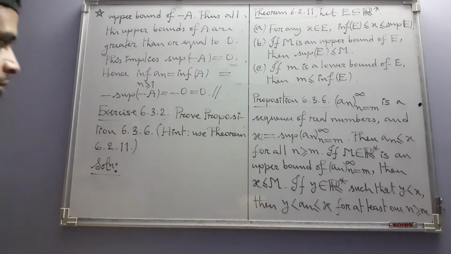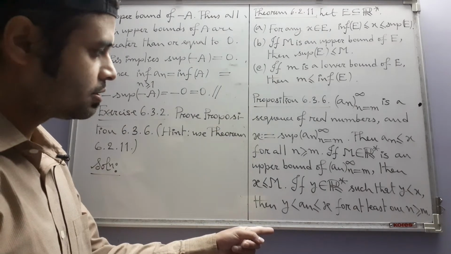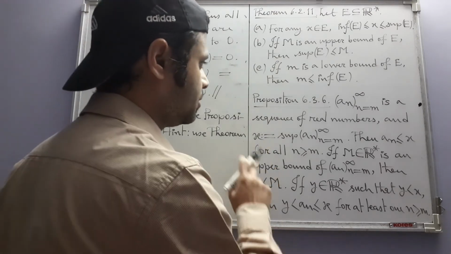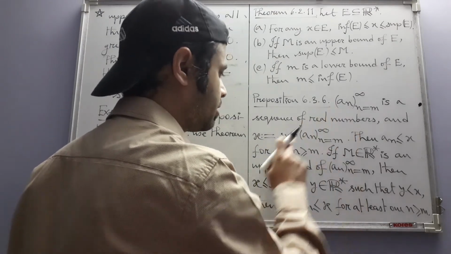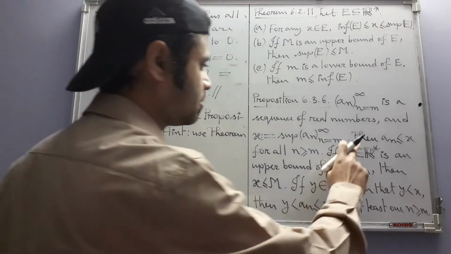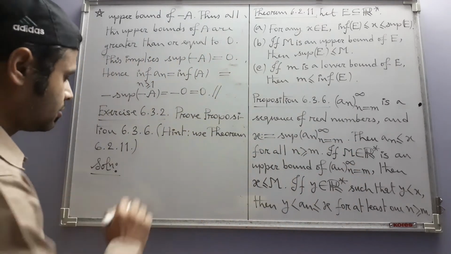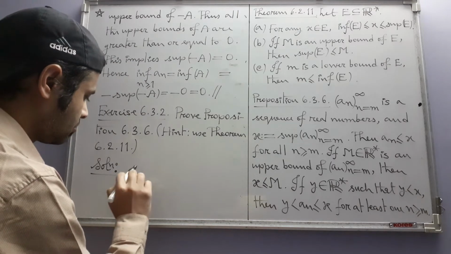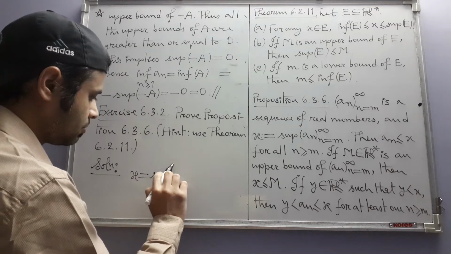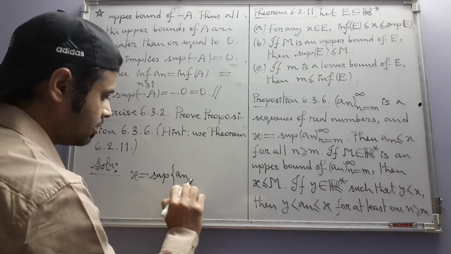Okay. Now we need to prove this using this. So let us see what we have. We have a sequence of real numbers and x is the supremum of this sequence. Then x is what actually? X by definition is the supremum of this set.